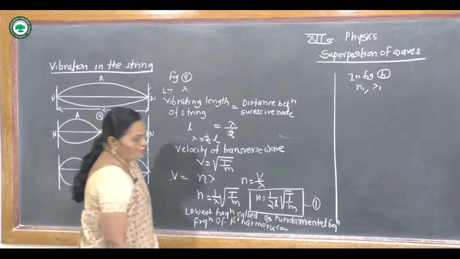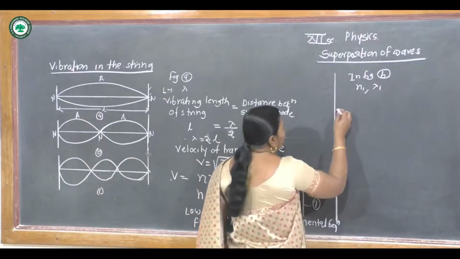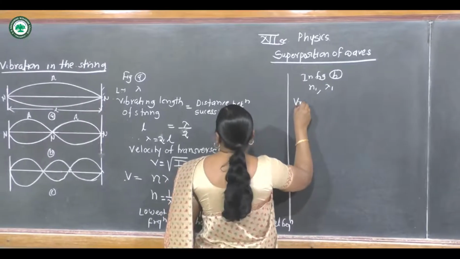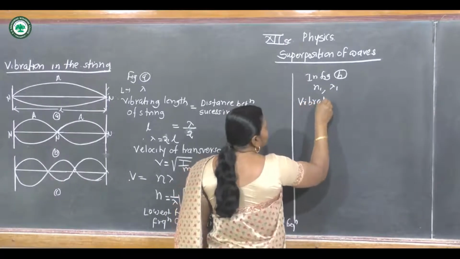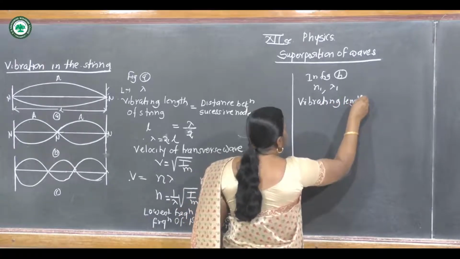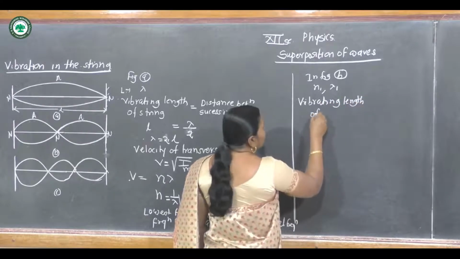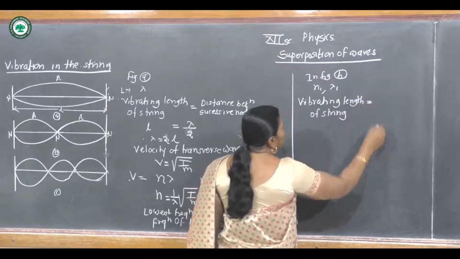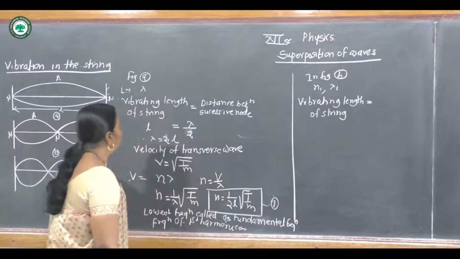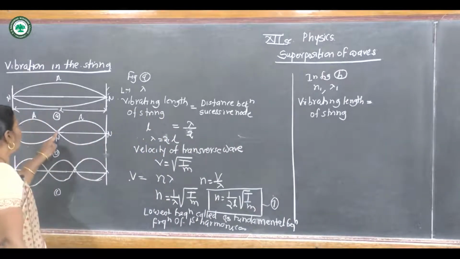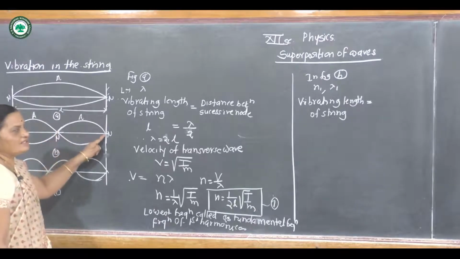Now, the vibrating length of the string is equal to L. In this case 2 loops are formed. Therefore, the length of this loop is L by 2, the length of this loop is L by 2.